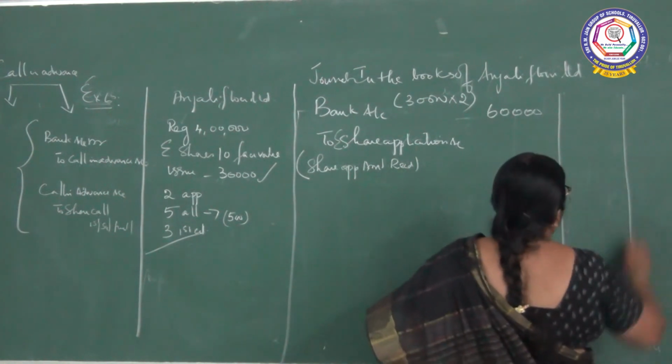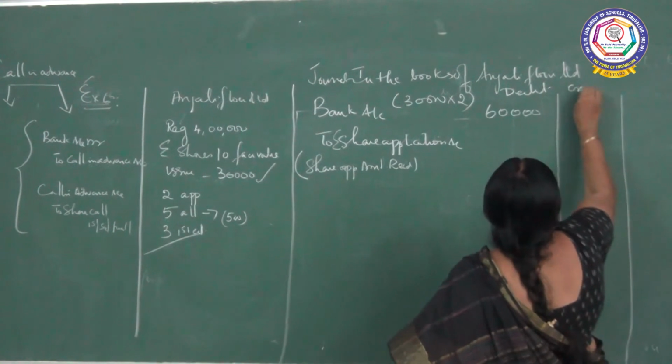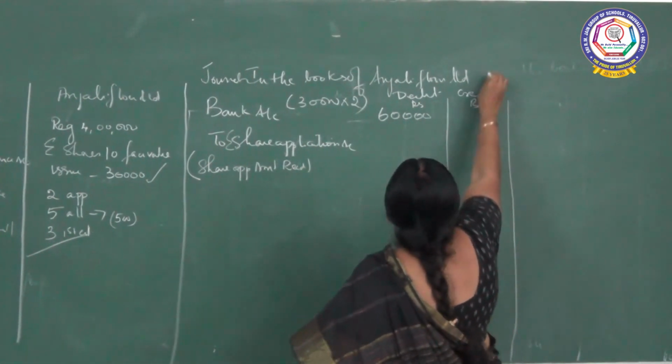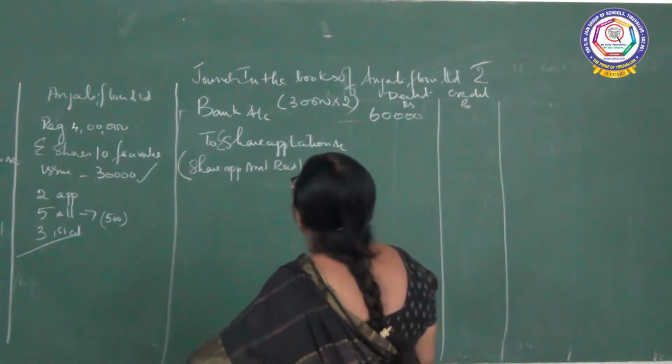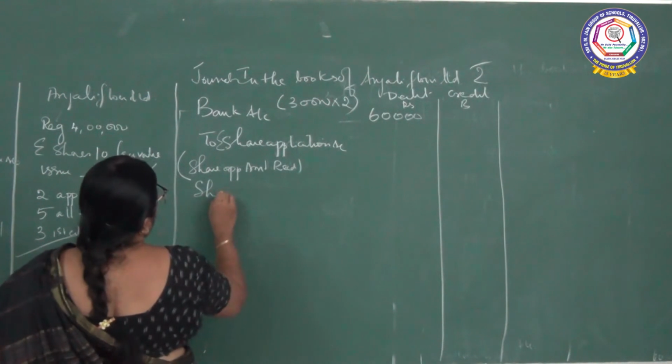Debit and credit. You need not write rupees always, just write rupees once. So bank account debit to share application, 60,000. Then this amount has to be transferred to share capital.